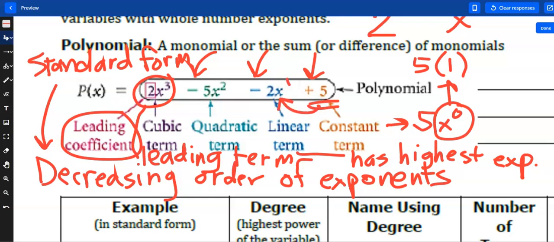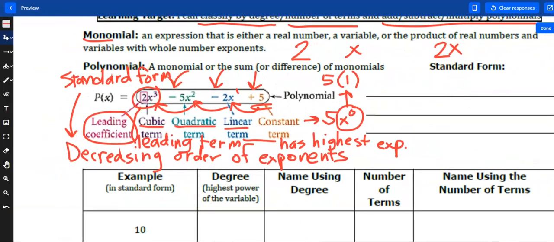You know that if we don't write it, then the exponent is a 1. That's what we call the linear term. When we go up to the next one, that's what we call the quadratic term. When we go up to the next one, we call it cubic term. What I'm listing out are terms, terminology that describe based upon the exponent.